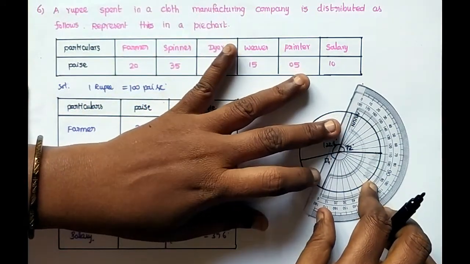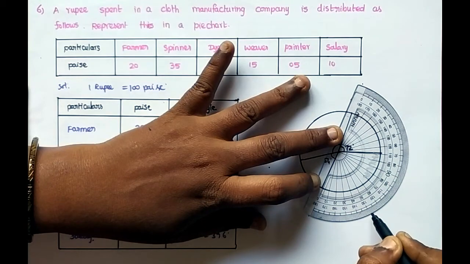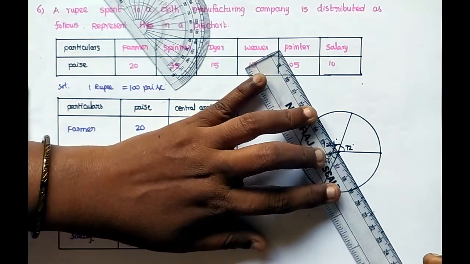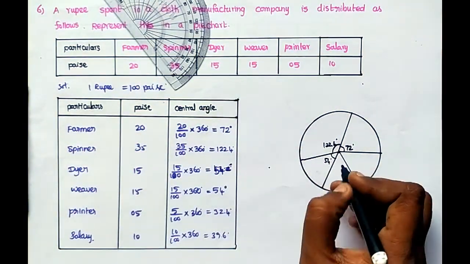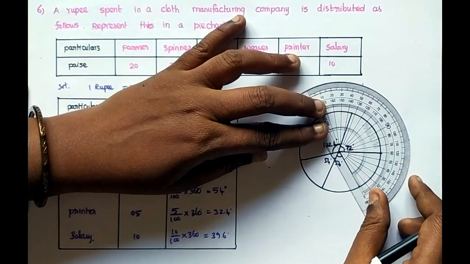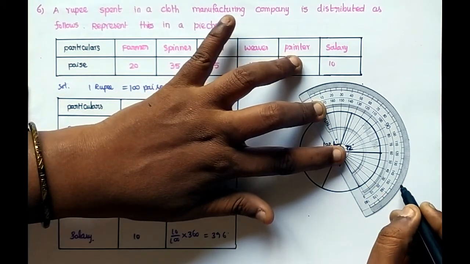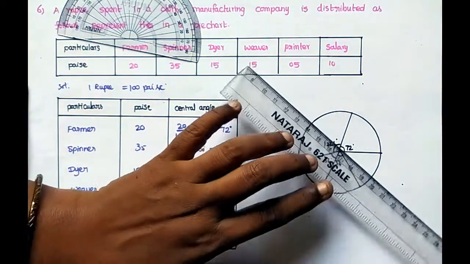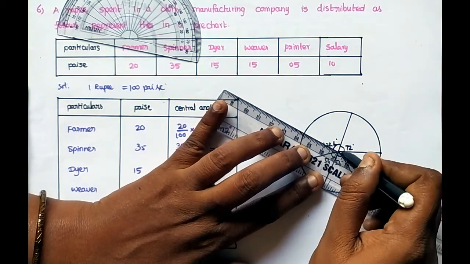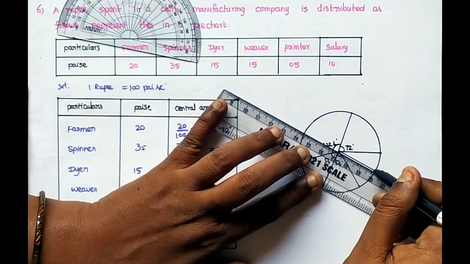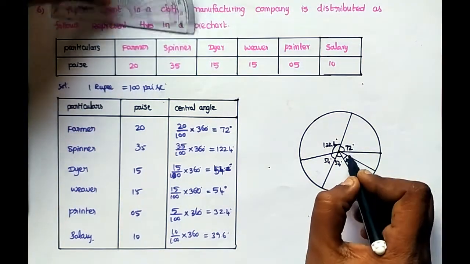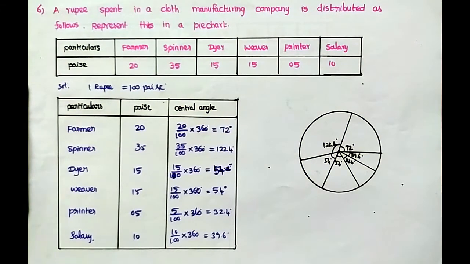Again 54 degrees. So after that the last angle. Now shade this one.